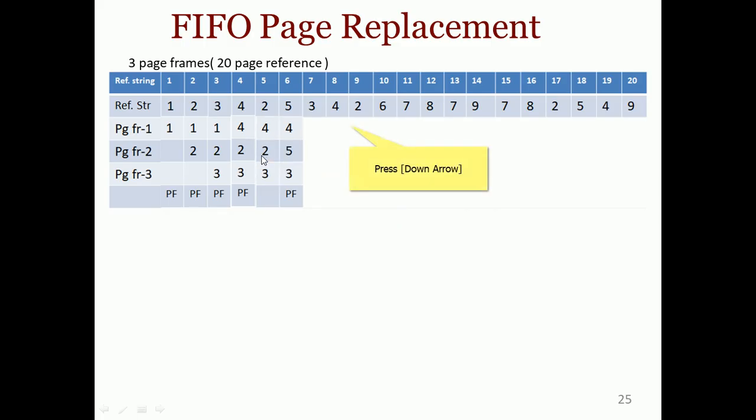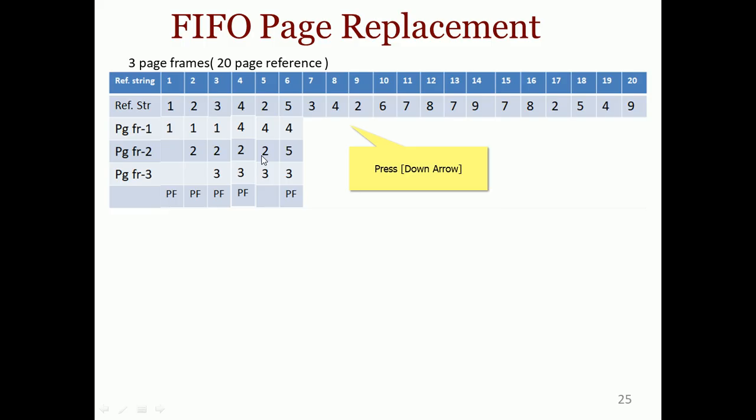So 4 5 3. The fifth page is kept where the oldest page existed. Due to the fifth page demand there is a page fault, and the oldest page, 2, was removed. Now the page frames are 4 5 3.